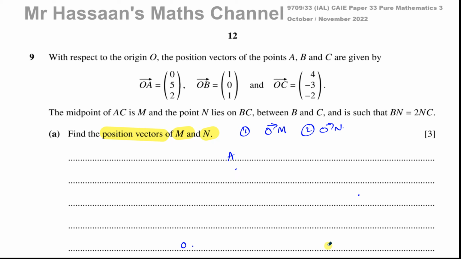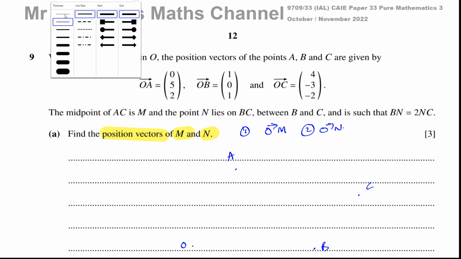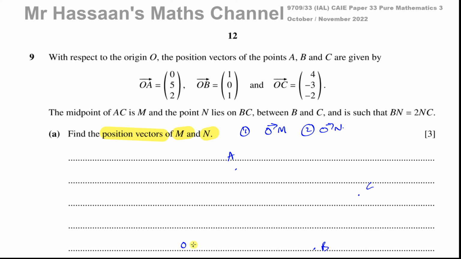Let me put them over here to make it a bit clearer. So let's call this C and let's call this B. Half of AC and part of BC, so that will help us. I'm just trying to organize the vectors they've given us so they can be shown more clearly.